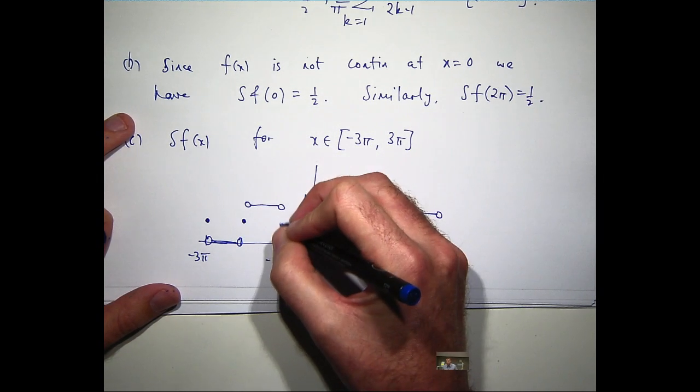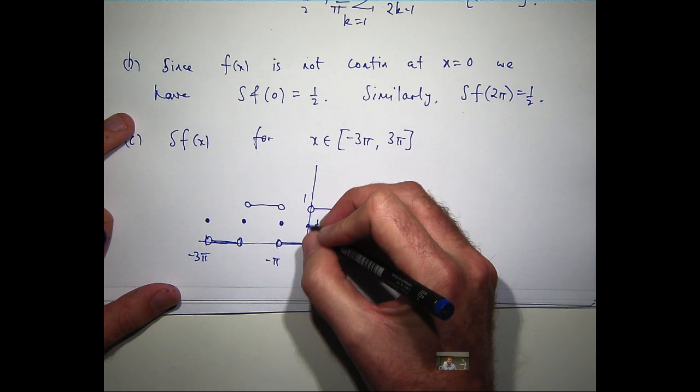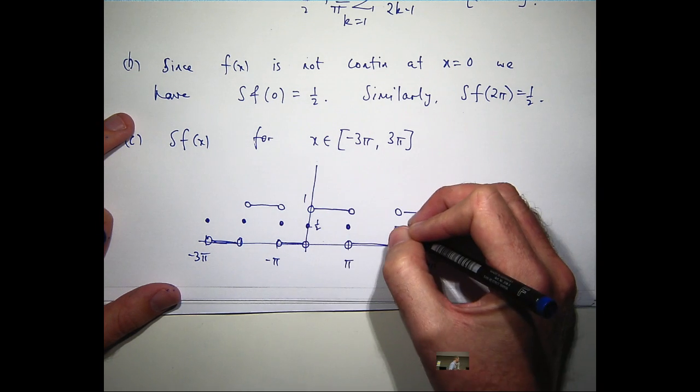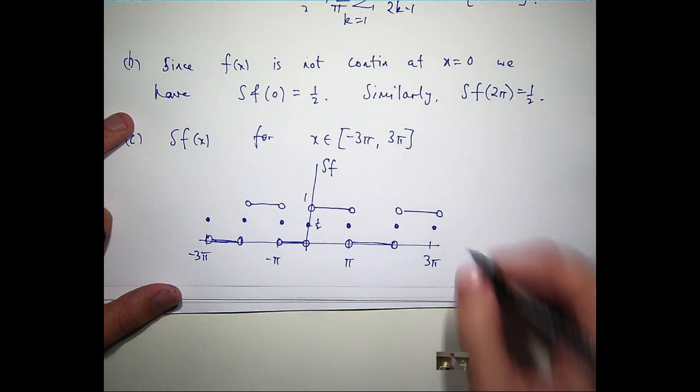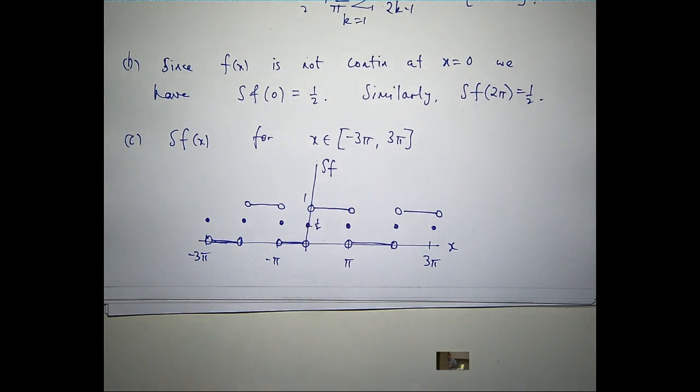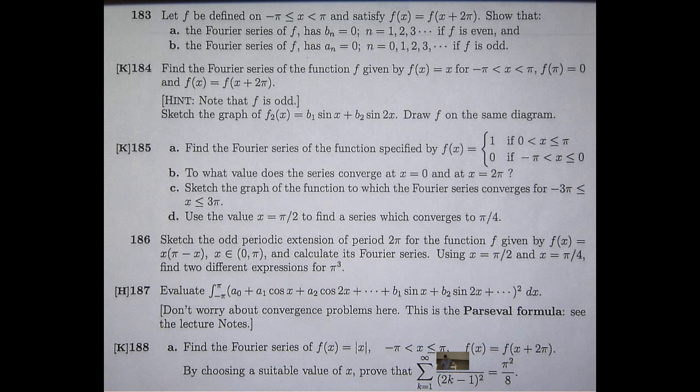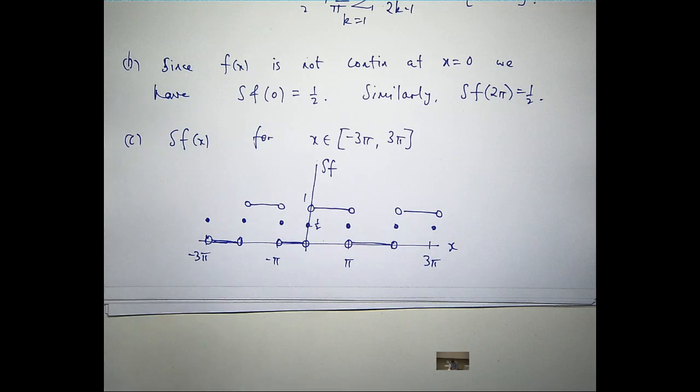So at the points of discontinuity, the value of the Fourier series is just the average of the left-hand and the right-hand limits. Okay, well, why is that important? Well, part D asks you to use the value x equals pi on 2 to find a series which converges to pi on 4.